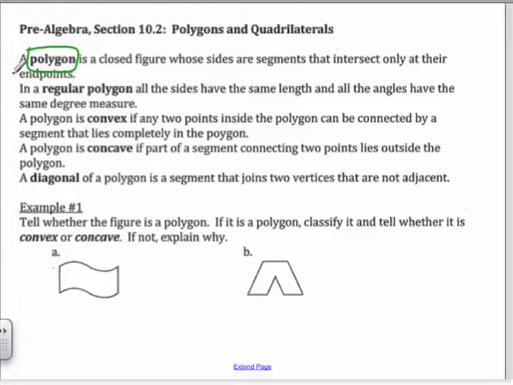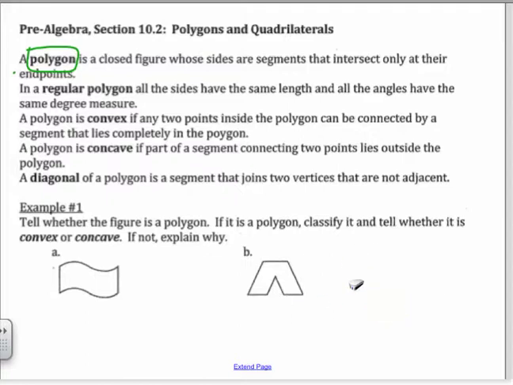So this is not a polygon, right? If I erased all the parts on the outside, so that they only intersected at the endpoints, now that's a polygon. It's a closed figure, three segments, they only connect at their endpoints.